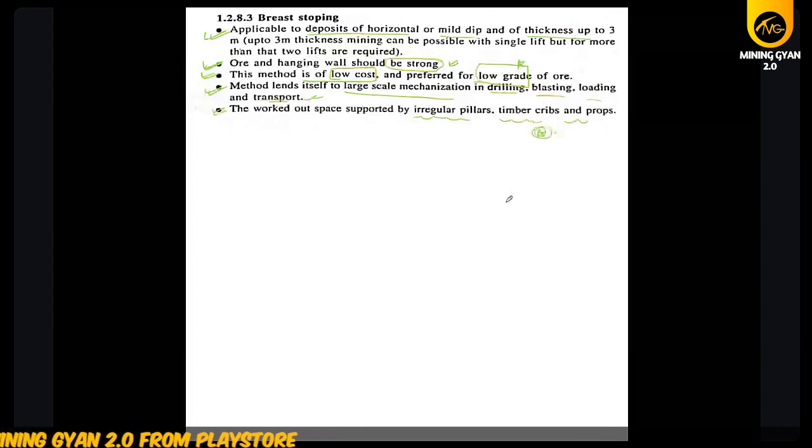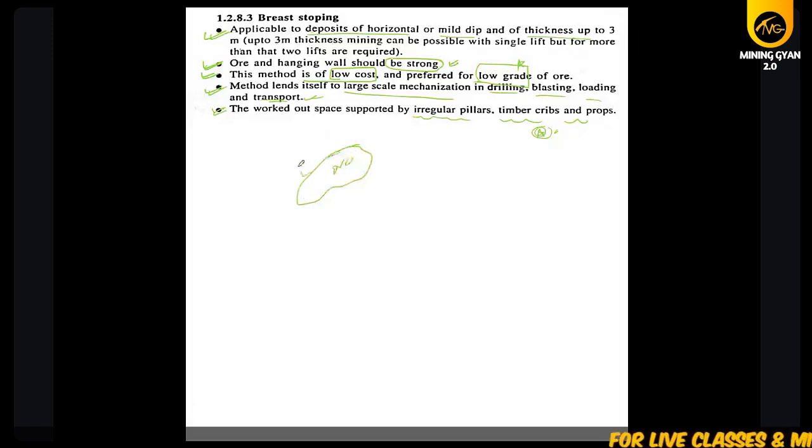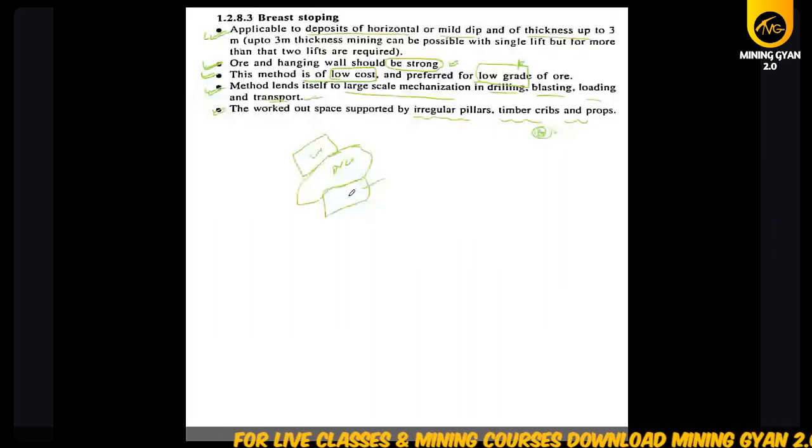So in this method, only 5 points you should remember. First point was overbody should be strong, overlying strata should be strong, footwall strata should be strong, हैना, hanging and footwall.